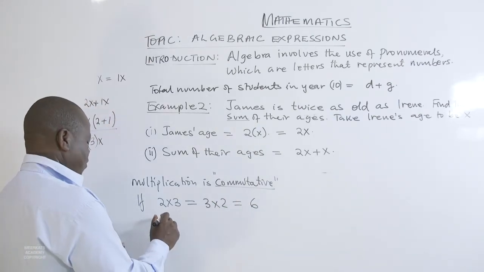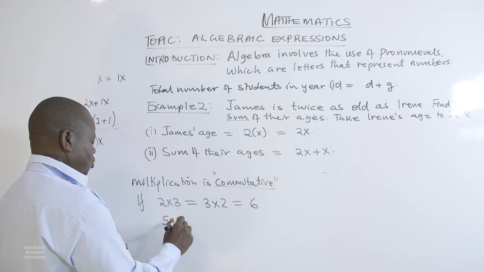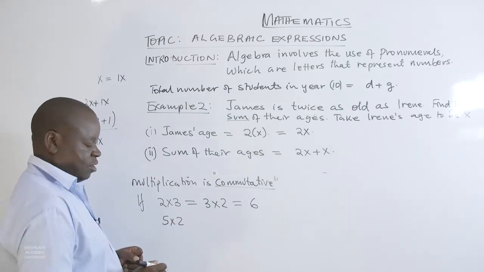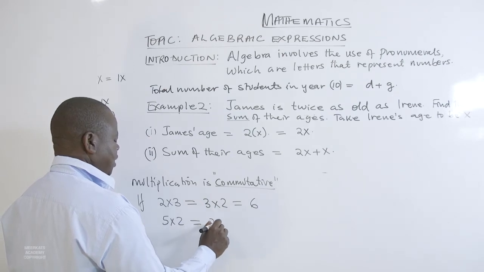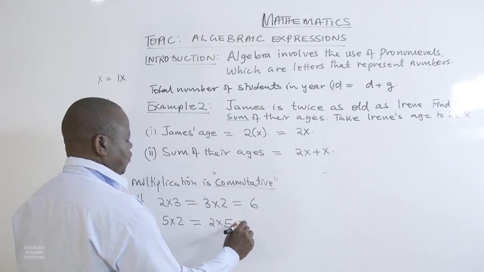If I have 5 times 2, which is 10, that is the same as writing 2 times 5, which still gives us 10.